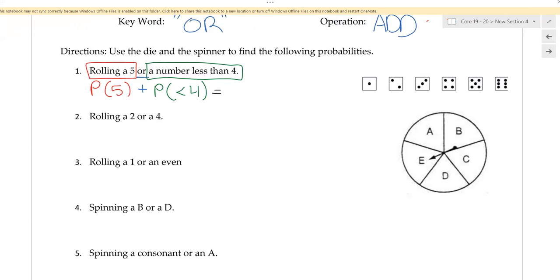The probability of rolling a 5 is 1 out of 6.